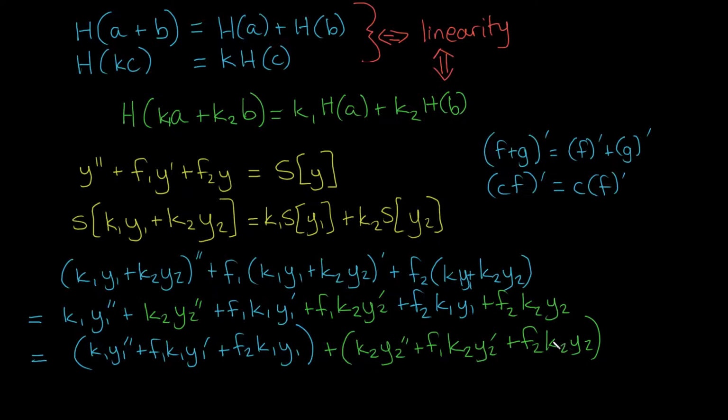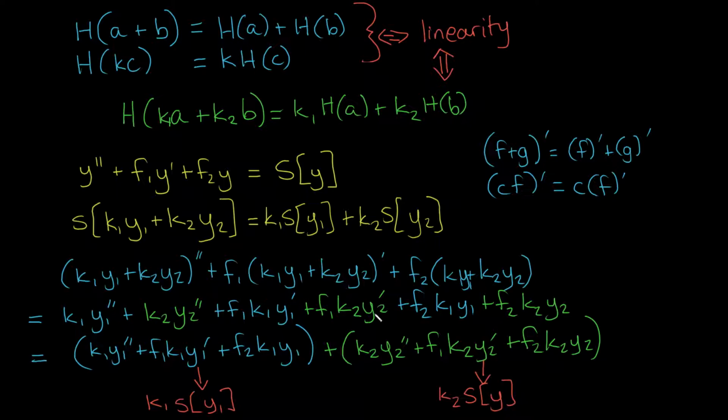And this is the key, because now it is pretty easy to see, I hope, that this right here is the same as s of just y1, because we have k y1 double prime plus f1 times y1 prime, and I suppose I should say this is k1 times s of y1. And then this right here is k2 times s of y2.